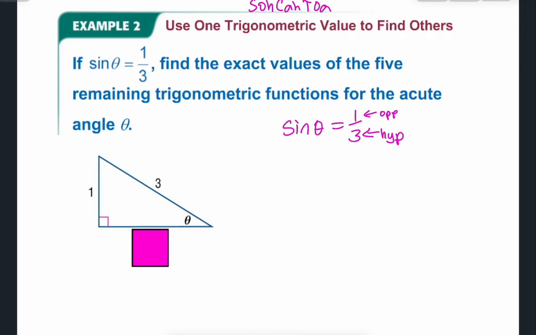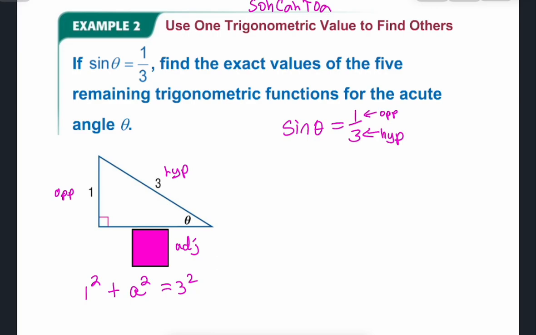Now, if we do the same thing we did for the last problems, in the last problems we used the Pythagorean theorem to find the missing side. Well, we're going to do the same thing. Let's label our sides. Remember, we forced this one to be the opposite and this one to be the hypotenuse. So this one's going to be the adjacent, right? So I know that 1 squared plus my adjacent squared should equal 3 squared.